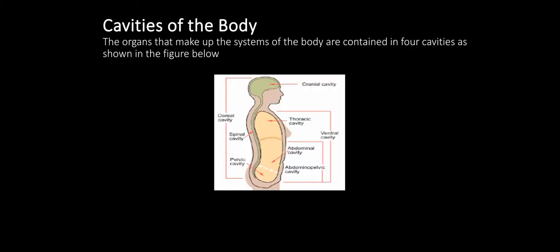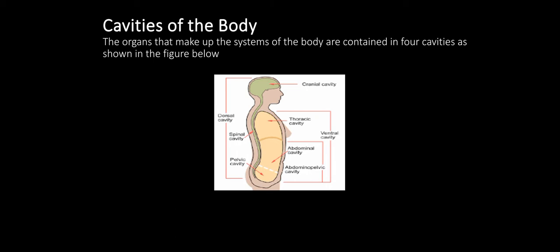So cavities of the body. The organs that make up the system of the bodies are contained in 4 cavities as shown in the figure below. So we have the cranial cavity. This one contains the brain and all the organs in the head. Then there's the thoracic cavity. The ventral cavity is a combination of the thoracic and abdominal cavity.